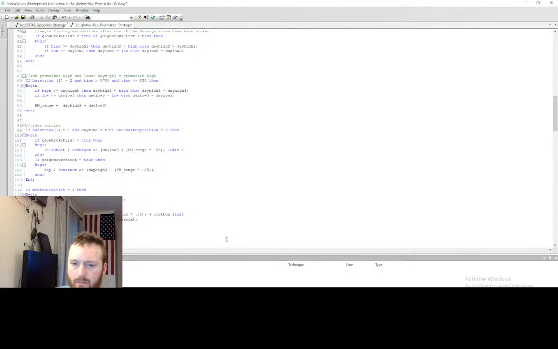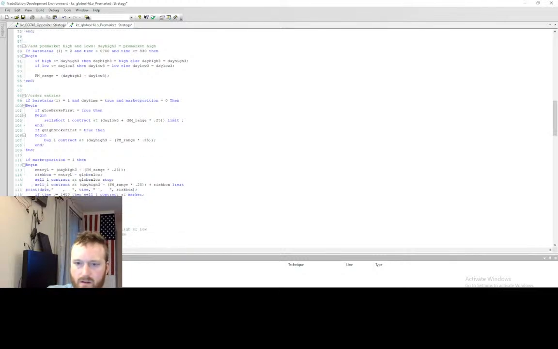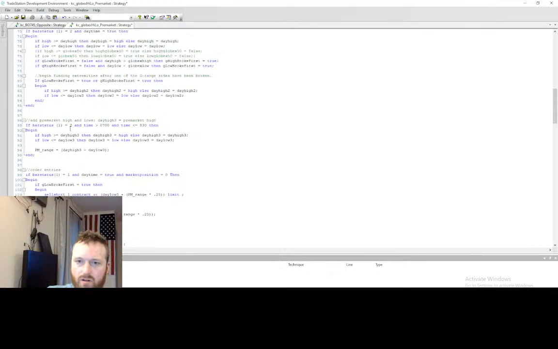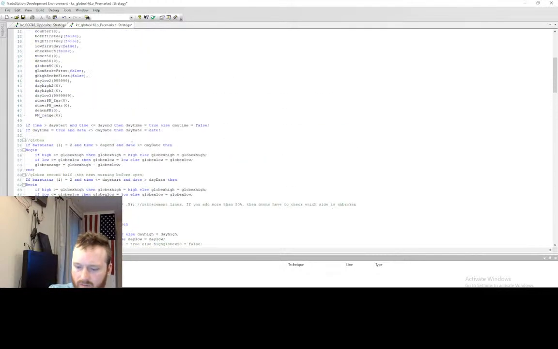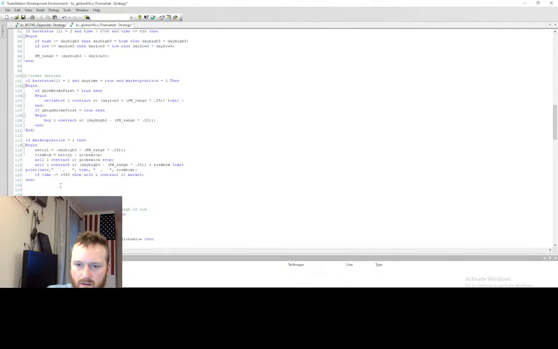Then sell one contract at market. There you go. So that's basically the longs. We need to put in entry, a couple variables that we need to fill in, and then what else? Risk box.